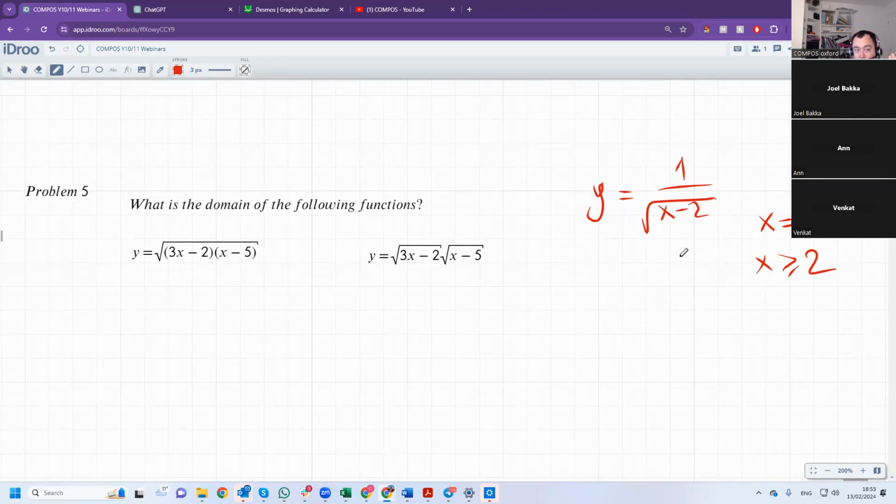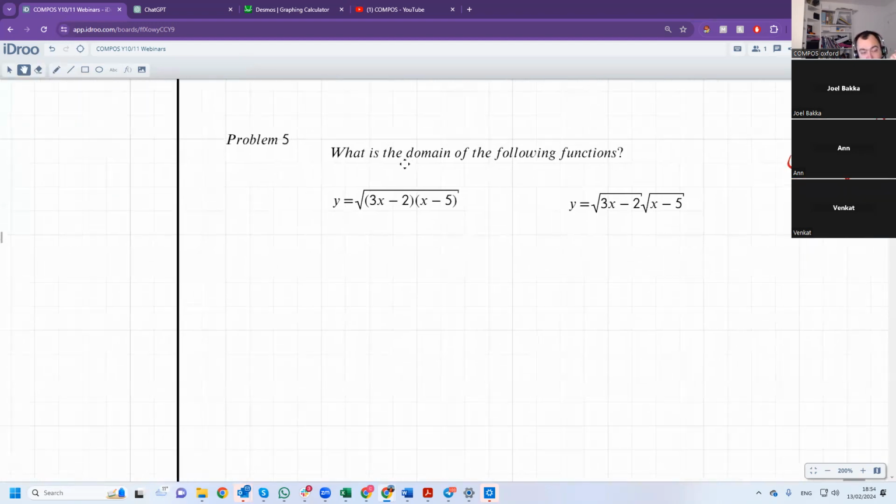So overall, x is just greater than 2. The domain is this. Okay. So that's what you need to consider.